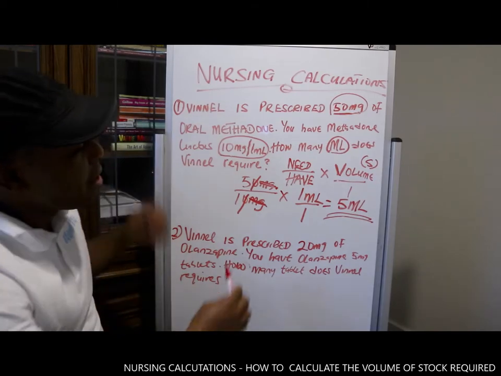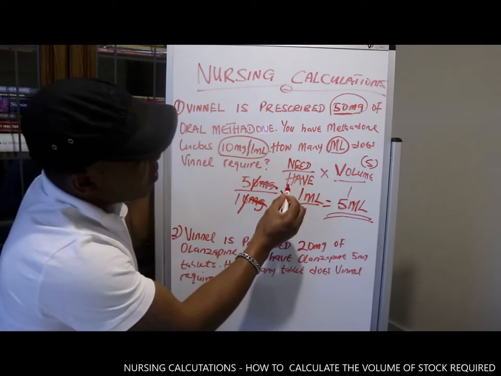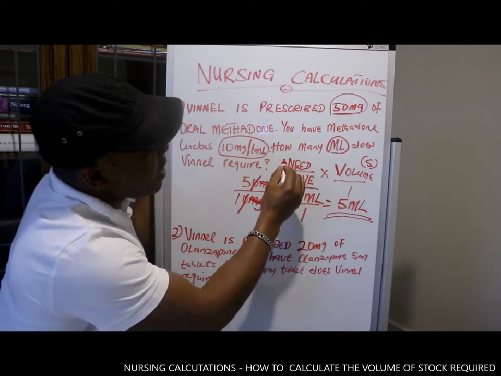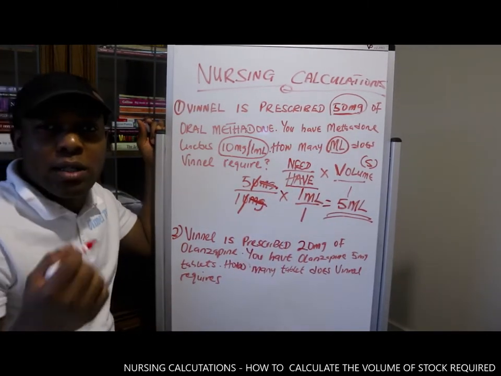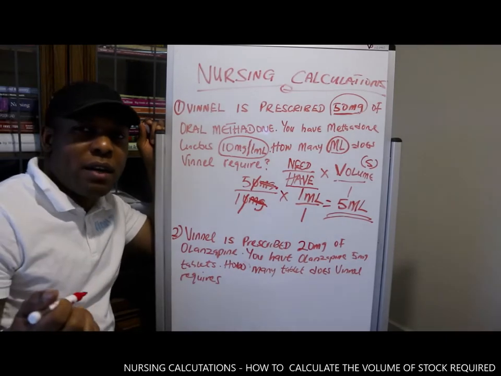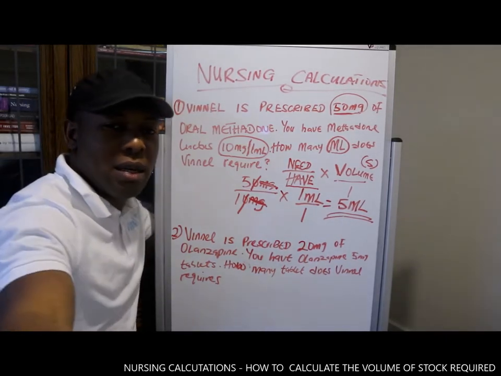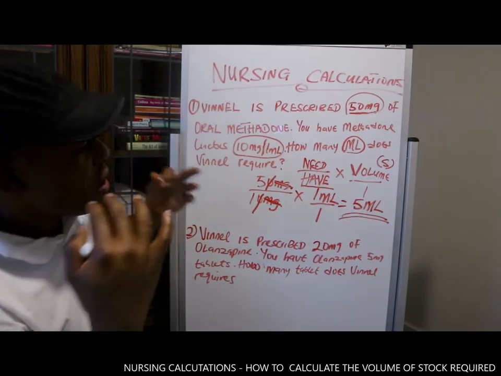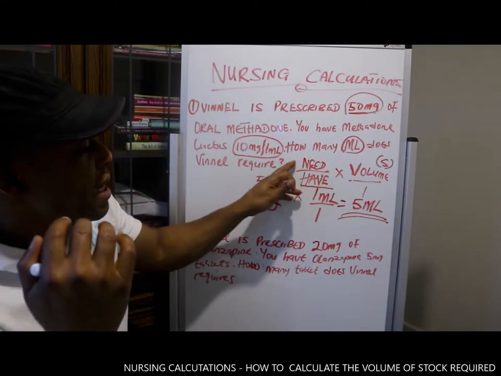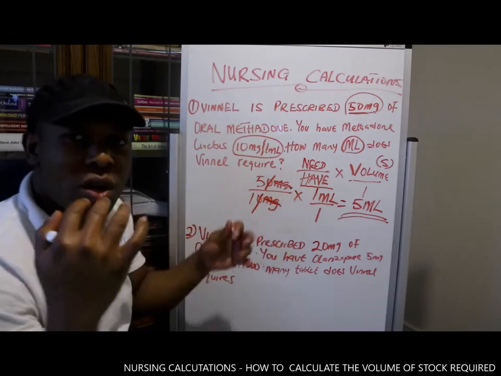So you need to understand this equation, need over has times volume. I call it the NHS formula. If you live in England, NHS is the local health service here. So you are trying to understand what that person needs and what you have in stock.